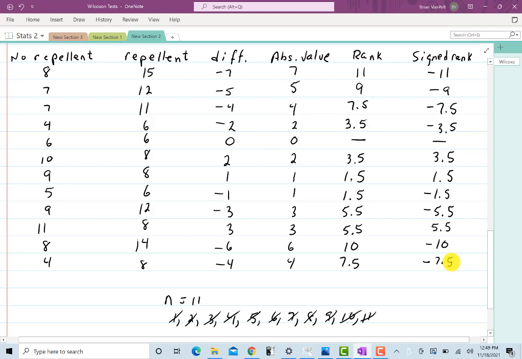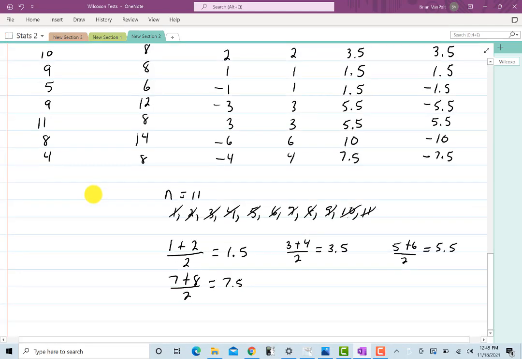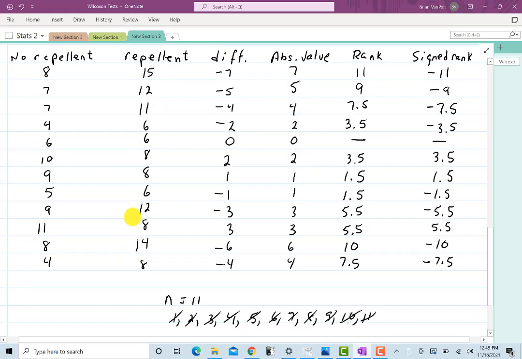Now what we're going to do is add up the negative terms and the positive terms in the last column.